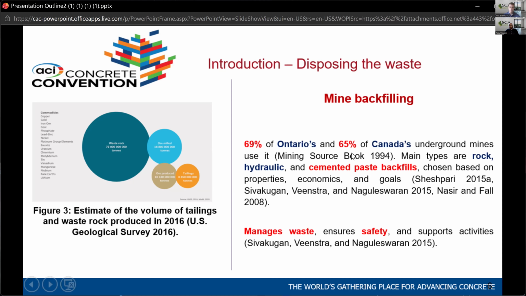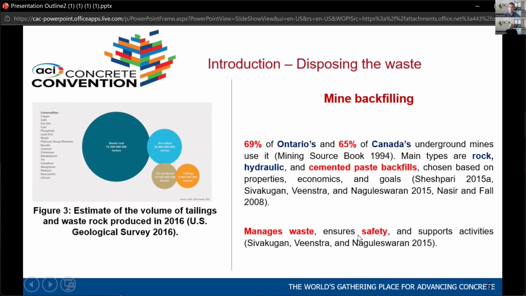69% of Ontario's and 65% of Canada's underground mines use rock fill, hydraulic fill and cement paste backfill. That's why it's very important for us to do research on it, because more than half of our tailings are stored as CPB.